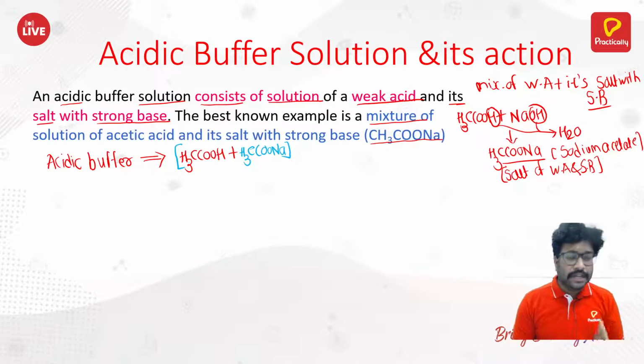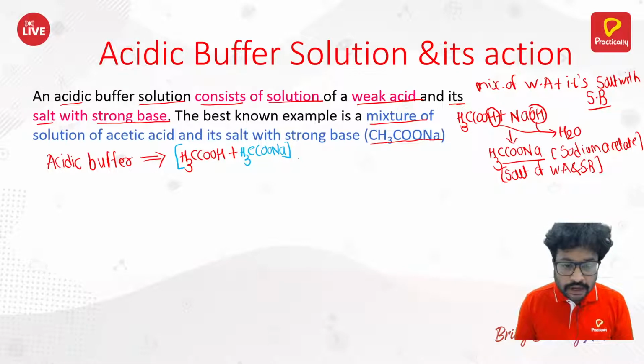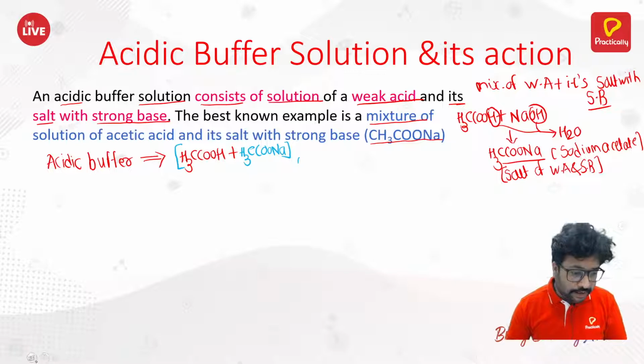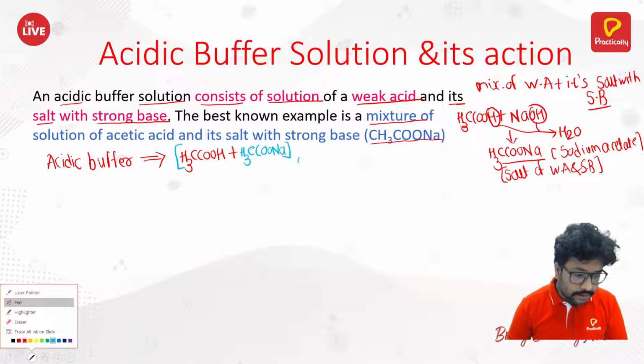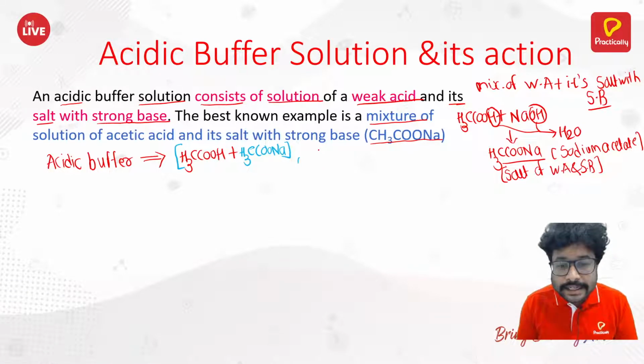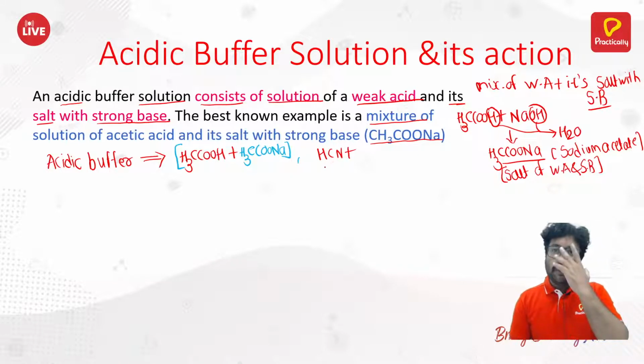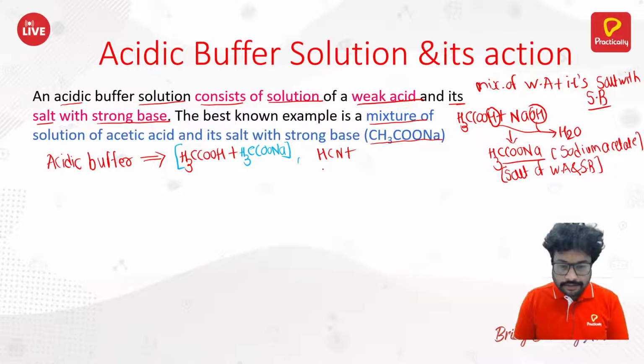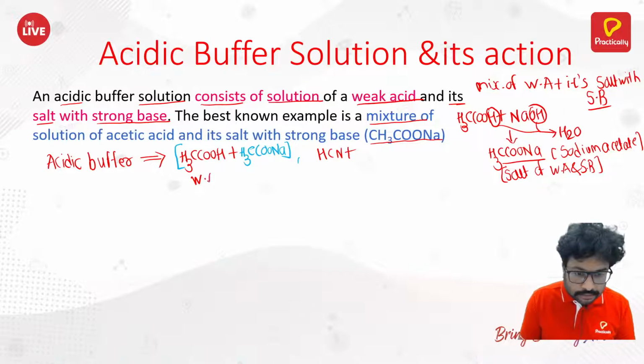Let me give you some other examples also. Suppose you take a weak acid, for example HCN. HCN is a weak acid, right? As I told you again, an acidic buffer is a mixture of a weak acid and its salt with a strong base. So this is the weak acid plus its salt.